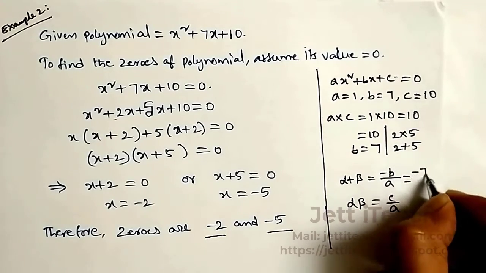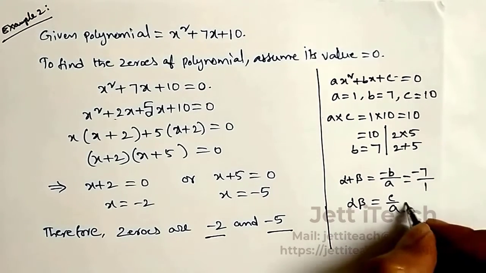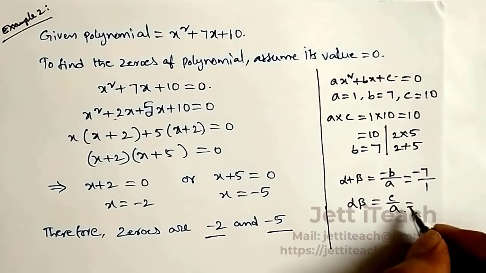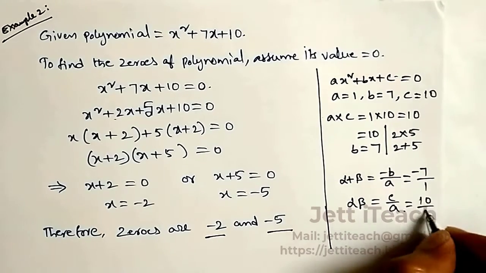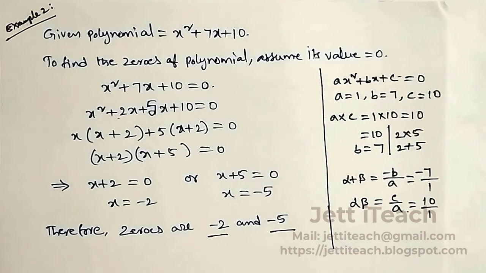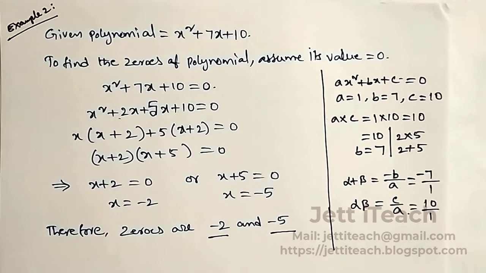Minus 7 by 1, and here 10 by 1. In the question they asked for the relation between the zeros and coefficients. You can find the sum of zeros.